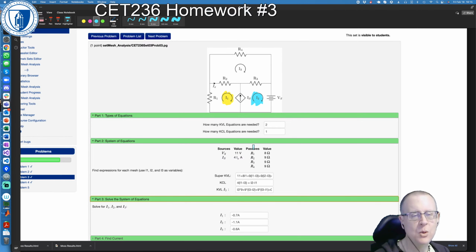Okay, so in this case, now we have to start thinking in terms of a super mesh. So we have to find a mesh that includes most of the elements of I1 and I2, but does not flow through the current source.